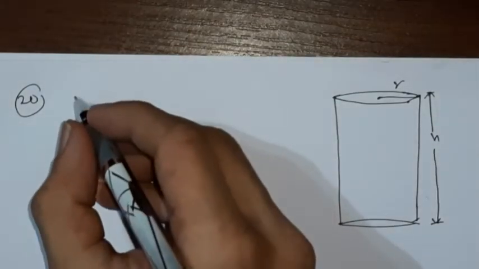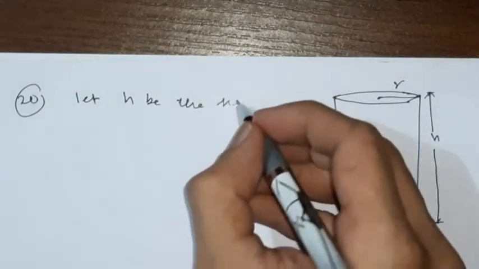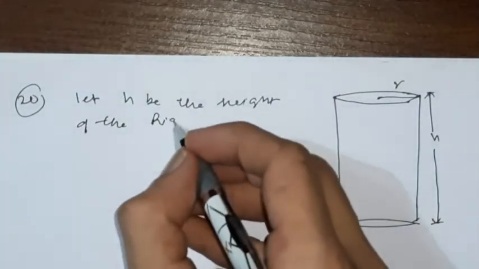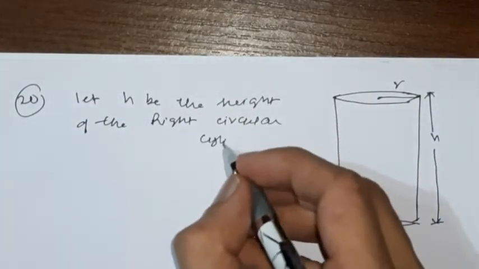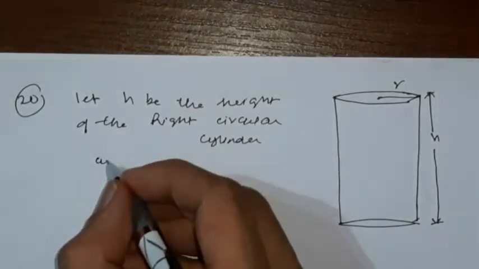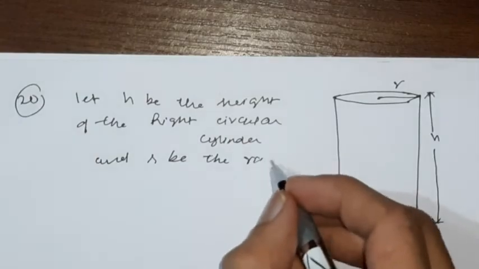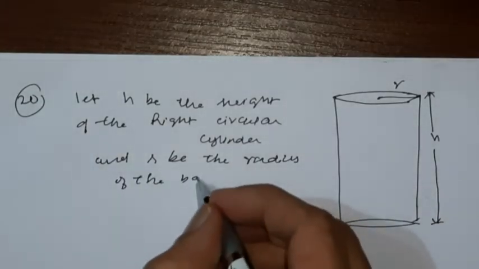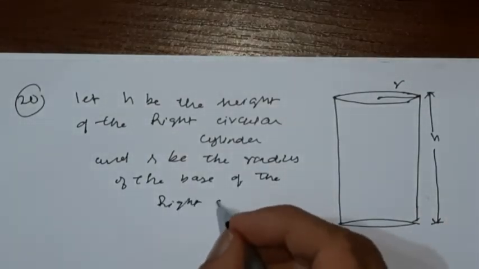So let us write what is given. Let h be the height of the right circular cylinder, and r be the radius of the base of the right circular cylinder.